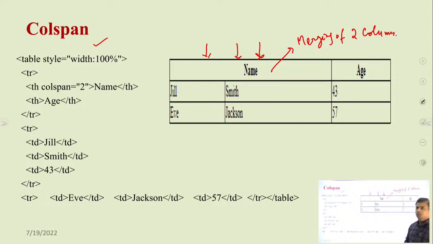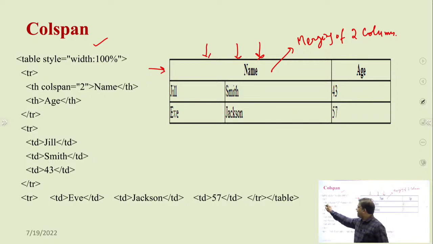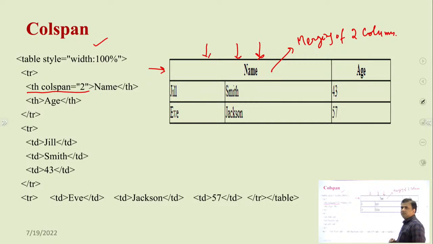This is a merging of 2 columns, and where is it going to be merged? This is my first heading, the first line of the table. I want to make this a heading tag and it should be merged across 2 cells or 2 columns. So what I have written here is colspan equals 2.